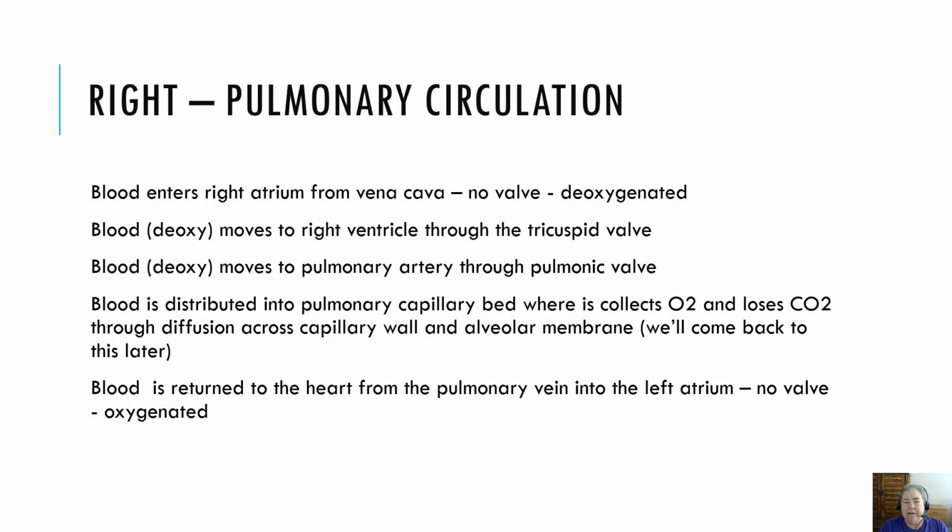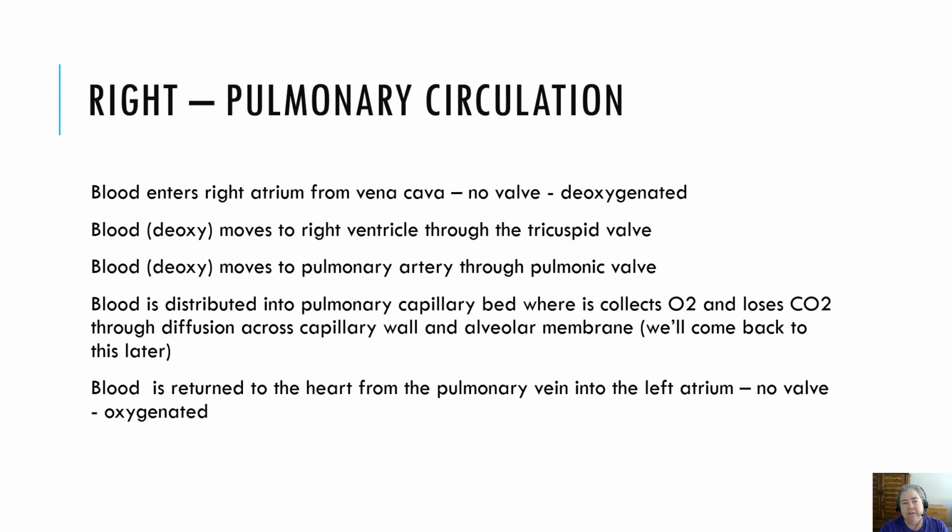When the right ventricle is full and the electrical activity causes it to start to contract, the tricuspid valve closes so that there is not, under normal circumstances, backflow. And all of that blood is pushed forward out of the right ventricle into the pulmonary artery through a valve called the pulmonic valve.